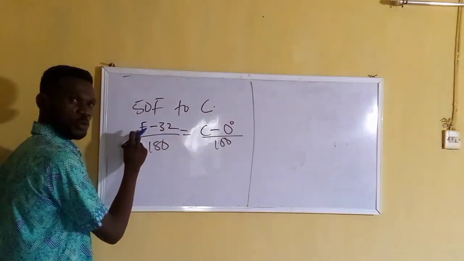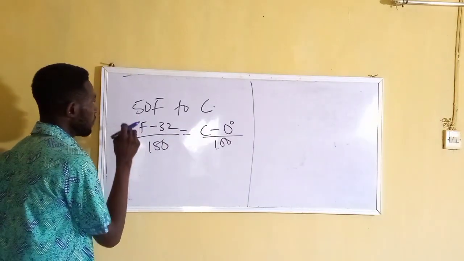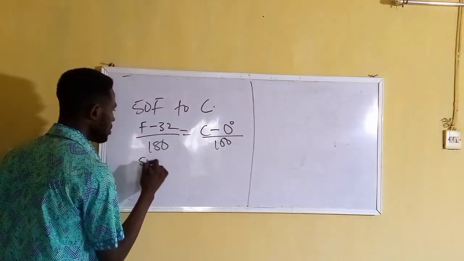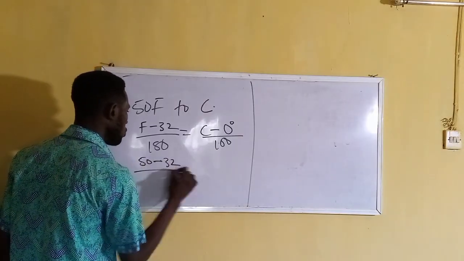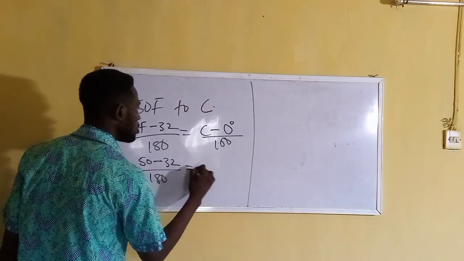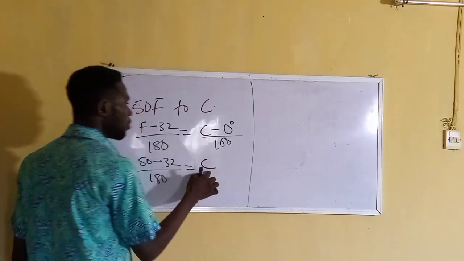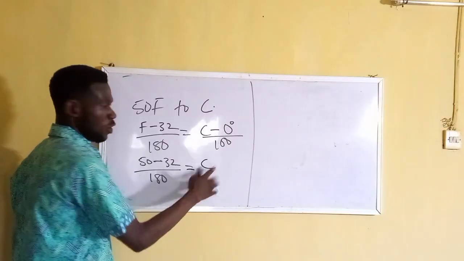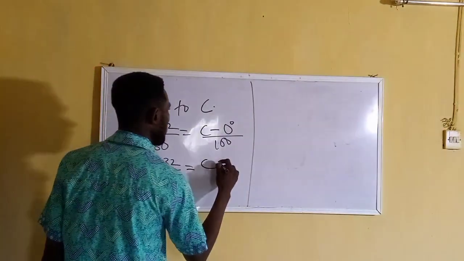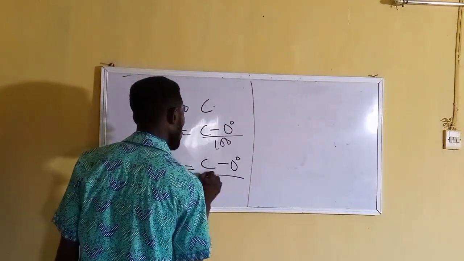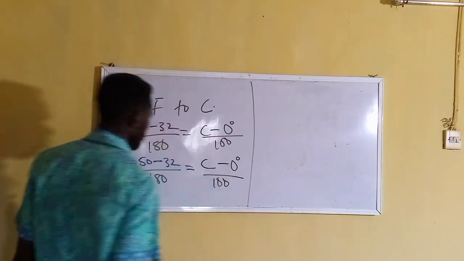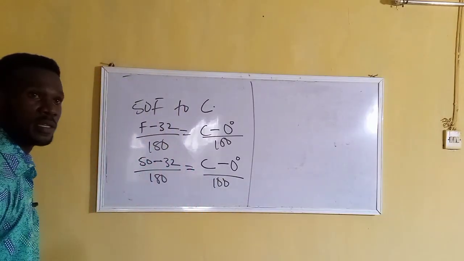Now, our F will be represented with 50. So it's going to be 50 minus 32 over 180 equals C. Remember, we are trying to get it in C. So it's going to be C minus 0 degrees over 100, which is our scale interval.